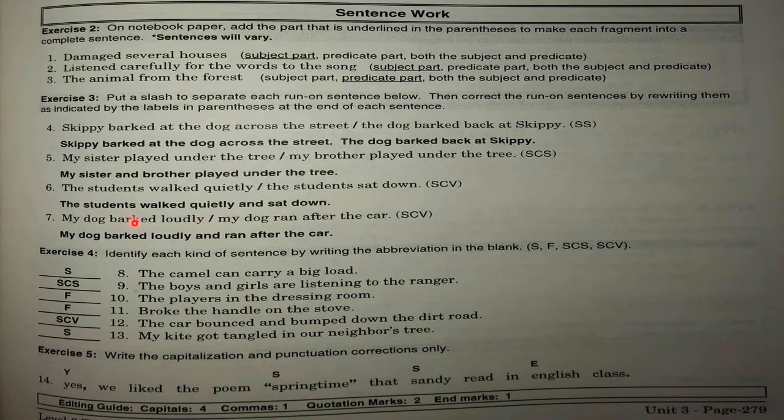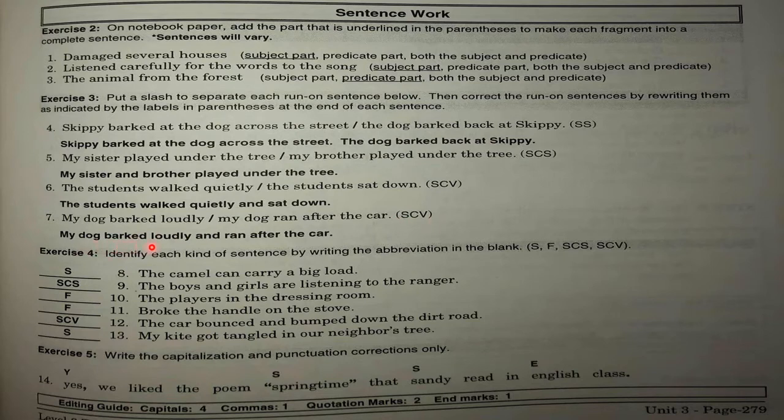Number 7, the same. My dog barked loudly. My dog ran after the car. So, first of all, I'm going to put a slash to separate the two sentences so I know what I'm dealing with. And then I'm going to look at the end of the sentence and change it to what it's asking from me according to the abbreviation. SCV, again, simple sentence with a compound verb. That is what I'm going to change it to.